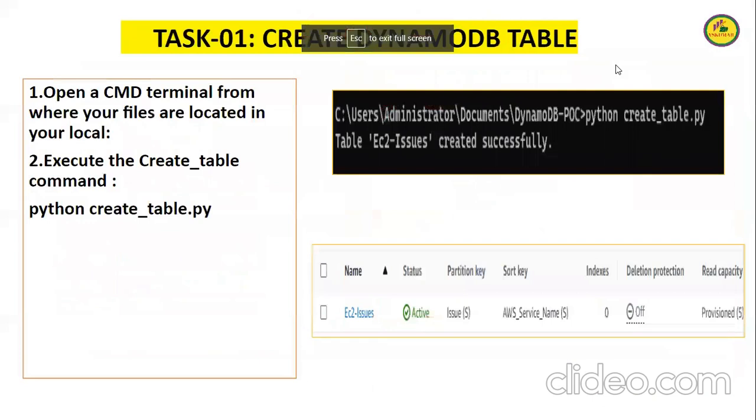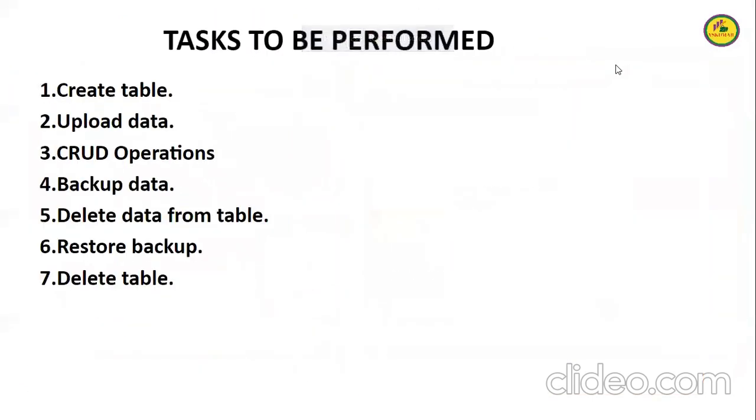What were the tasks you planned in the beginning? So first of all, we created a DynamoDB table with the table schema as well as attribute columns. Then we uploaded some data into this DynamoDB table. After that, we did some CRUD operations like create, read, update, and delete operations.